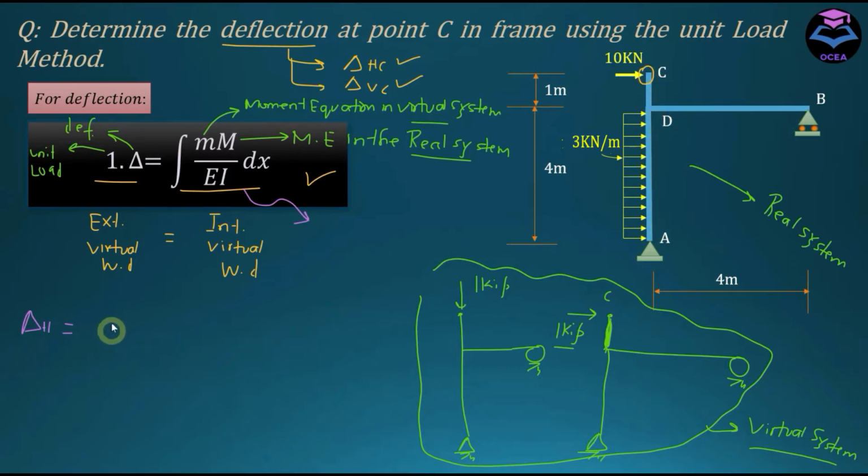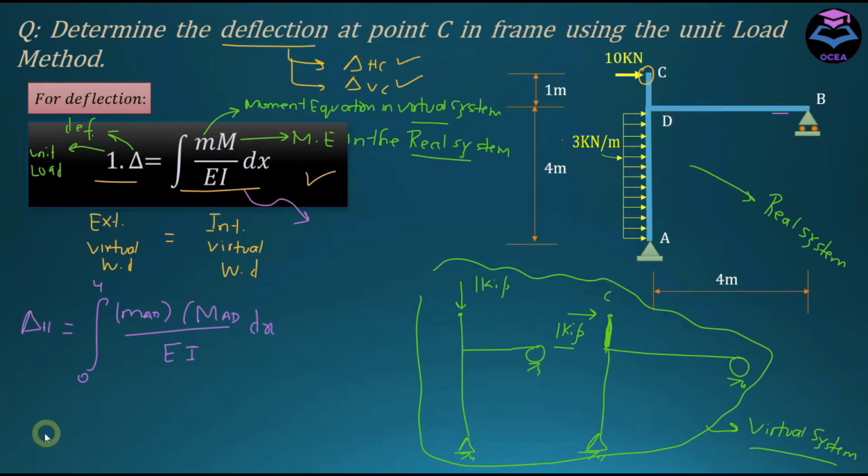For the AD member, it starts from 0 and ends at 4, so the lower limit is 0 and the upper limit is 4. Inside will be small mAD and then capital MAD over EI dx. Similarly, we write this integral term for the DC as well as the DB member.